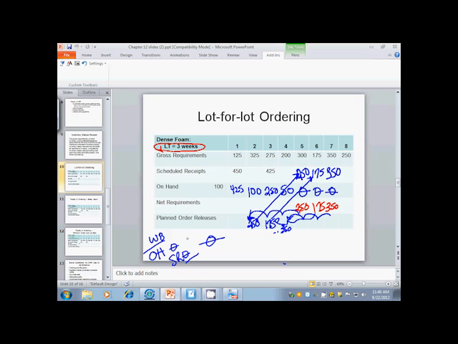But I said that my gross requirements are 250. So that means I have a negative number again. What does a negative number mean? It means I have a net requirement. How many units do I need? 250 units.